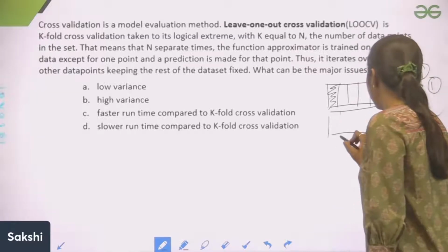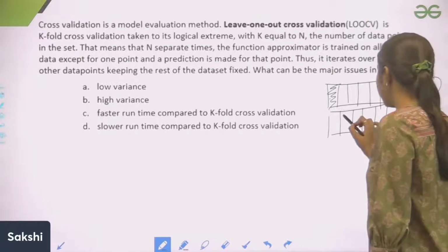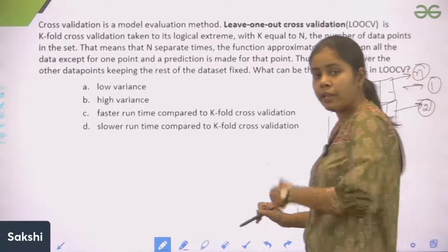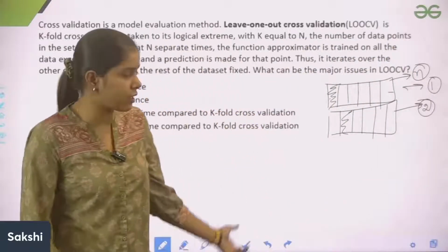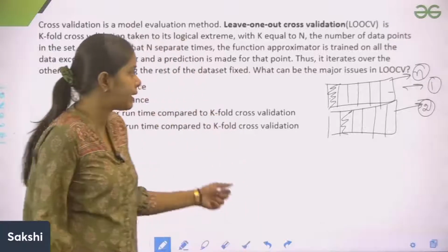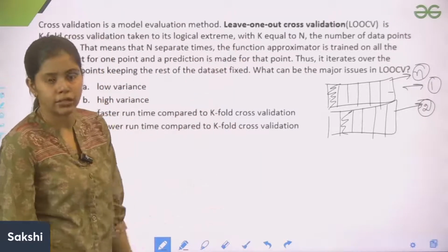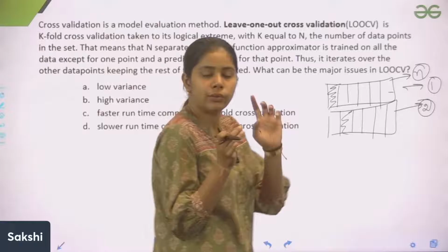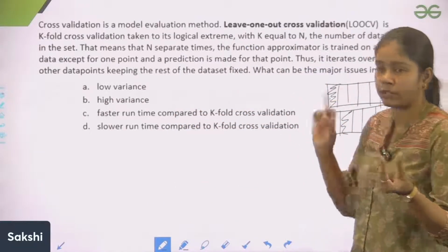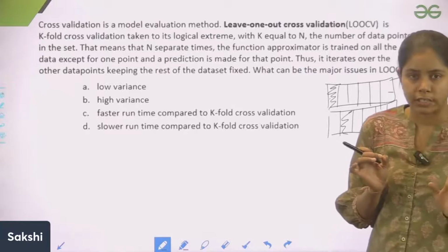And you would take all those data points except the second one and train another model. Similarly, you would train n models based on this data set, right? And that is your leave one out cross validation. That means when training a model, you are particularly leaving one data point for your cross validation set, right?